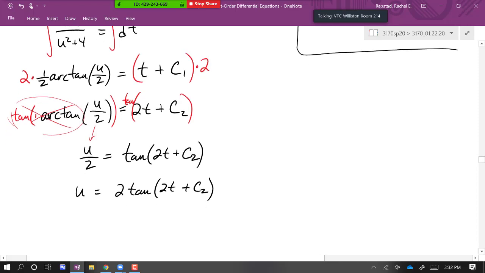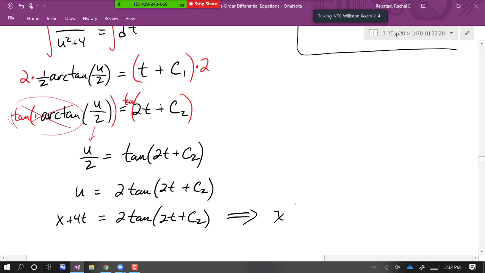Now we can go ahead and use our substitution. u is equal to x plus 4t. And now solving for x is pretty simple. We'll just subtract 4t from both sides.